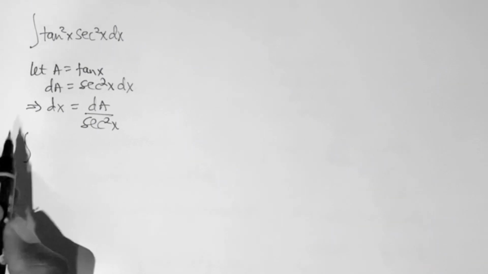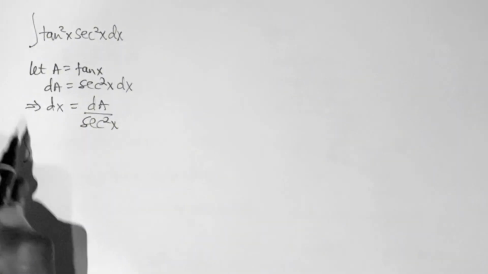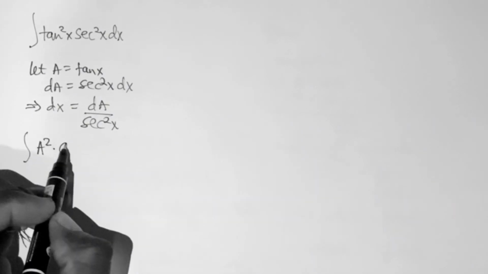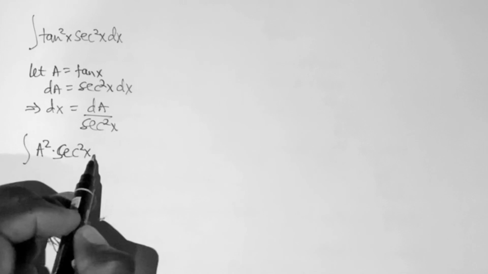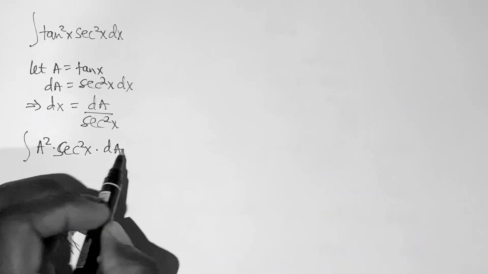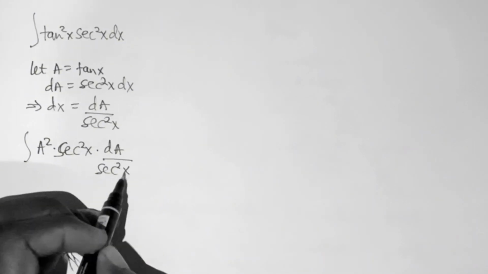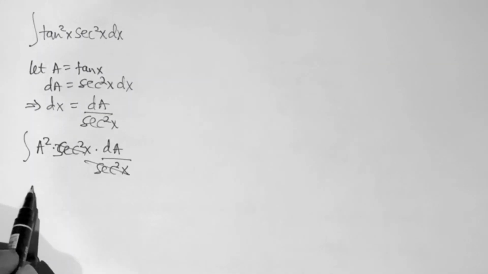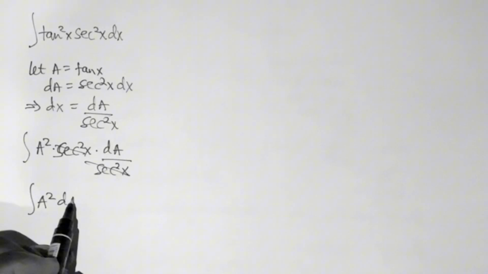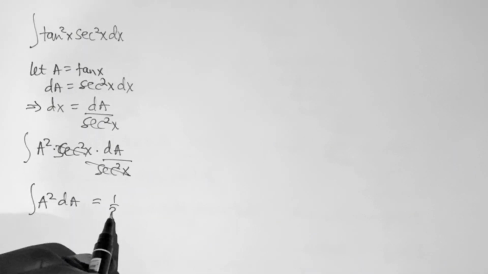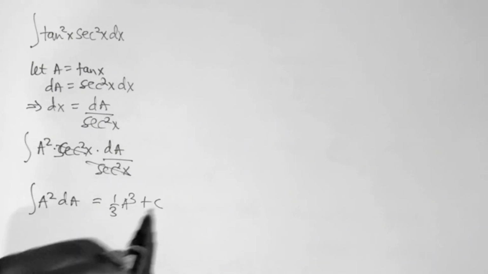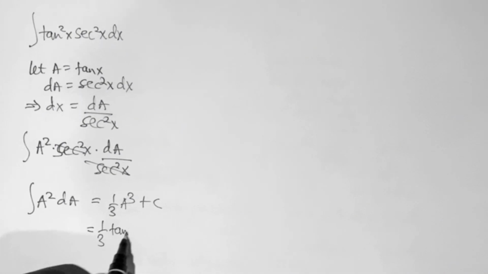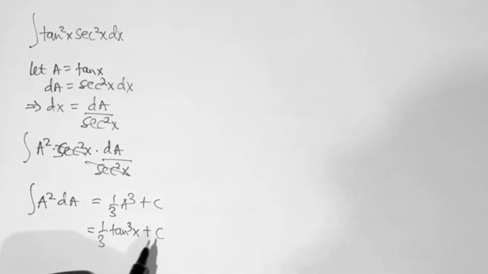So the integral becomes integral of, now a is tan x, so tan^2 x is a^2, then times, sorry, there's a sec^2 x here, then dx becomes da over sec^2 x. So this and this one will cancel out. So the integral becomes integral of a^2 da, and that's equal to 1 over 3 a^3 plus c. But a is tan x, so it becomes 1 over 3 tan^3 x plus c.